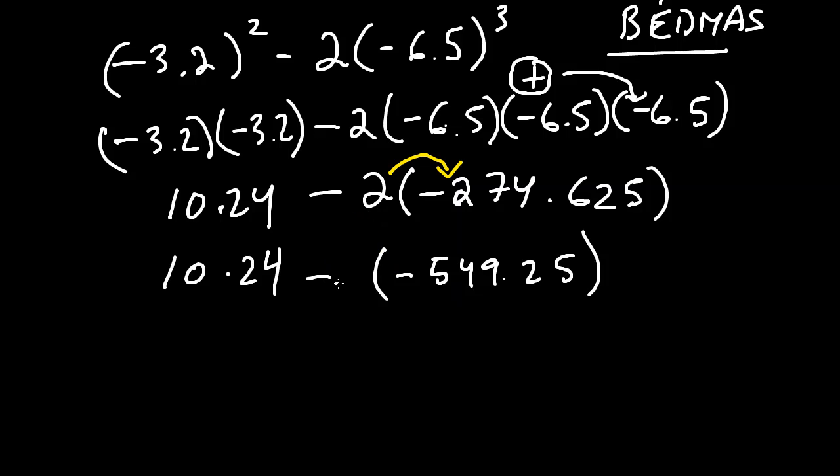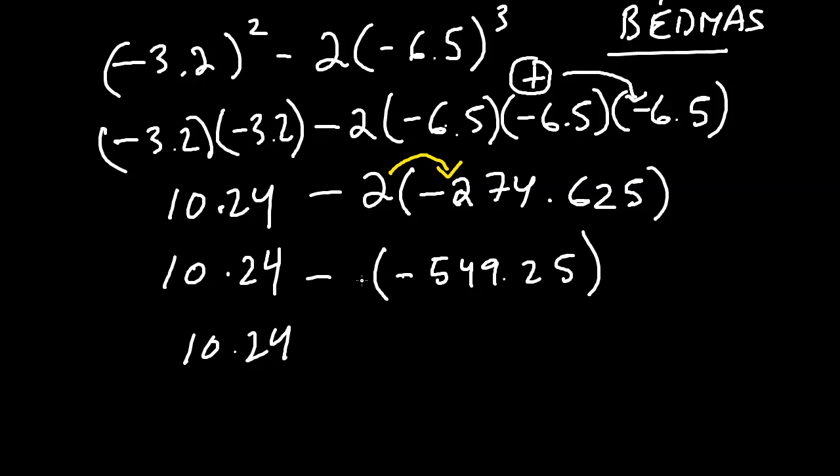And don't get confused about this. Remember, when we multiply a positive, so we're multiplying the 2 times the negative, we should get a negative number, right? But we still have the negative out front here. So we've got to leave this negative out front here. So in the next step, when we simplify this, we're actually going to get a positive because we have a negative and a negative.